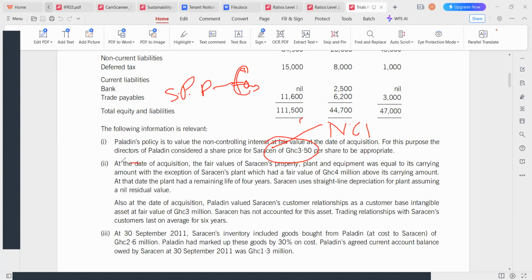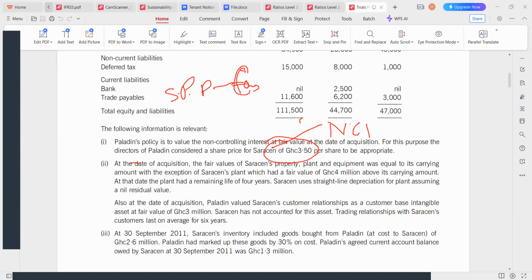Look at note 2. It says at the date of acquisition, the fair values of Saracen property, plant, and equipment, PPE, was equal to the carrying amount, with the exception of Saracen plant, which had a fair value of 4 million above its carrying amount. Is it gain or loss?